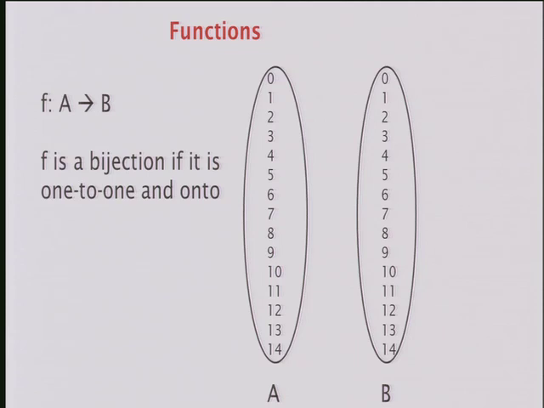So, for example, one bijection that we would have if you're working mod 15 is f of x equal to 4 times x mod 15. Is it a bijection or not?